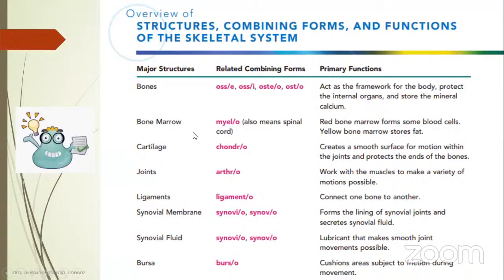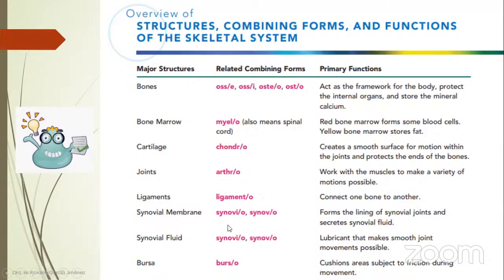Again, the major structure, the bone marrow, the related combining form, myel or myelo, that also means spinal cord, right? The cartilage, we have the word root chondr and the combining form chondro, right? Joints, arthr and arthro. Ligaments, ligament or ligamento.